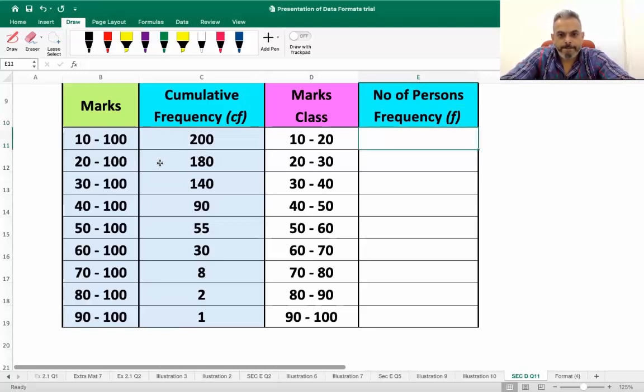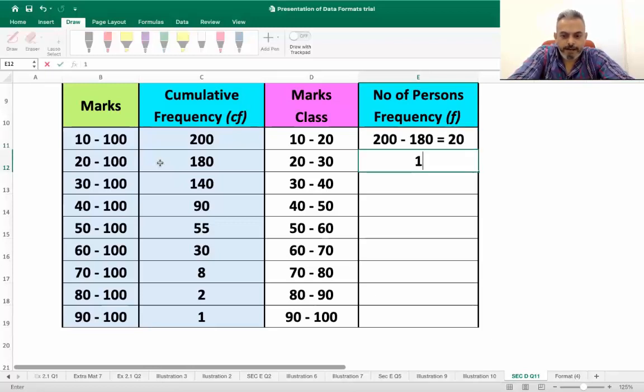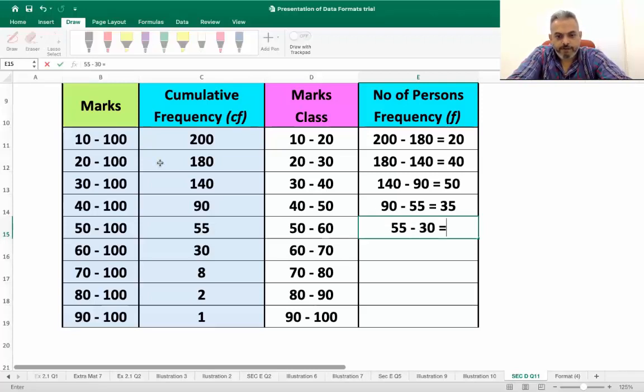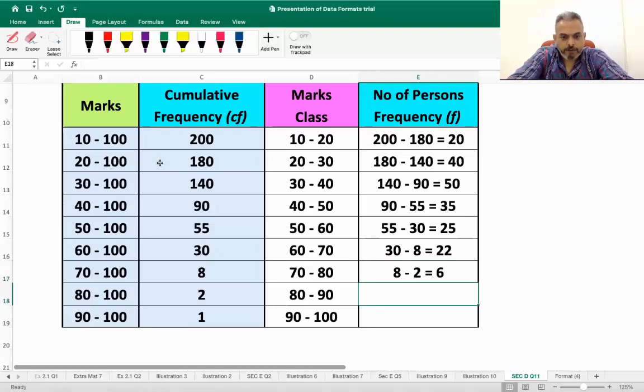So 200 minus 180 is equal to 20. 180 minus 140 is equal to 40. 140 minus 90 is equal to 50. 90 minus 55 is equal to 35. 55 minus 30 is equal to 25. 30 minus 8 is equal to 22. 8 minus 2 is equal to 6.